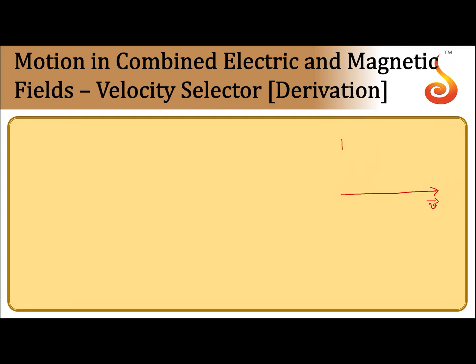Now let us say electric field is applied in this direction, that is along y direction. Along x direction there is velocity, along y direction there is electric field. And let us say magnetic field is along positive z direction.